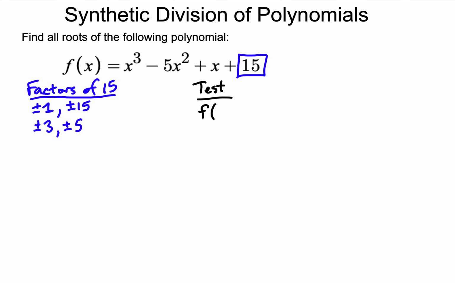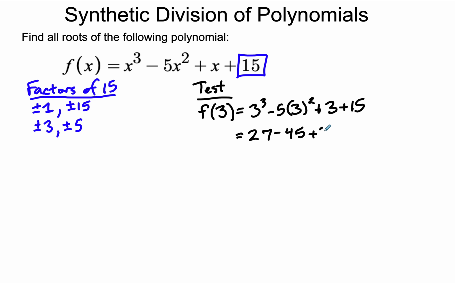Let's try 3 and see how it goes. I input 3 and get 3 cubed minus 5 times 3 squared plus 3 plus 15. This is looking a little better, but let's see if it works out. 27 minus 5 times 9, which is 45, plus 3 plus 15.